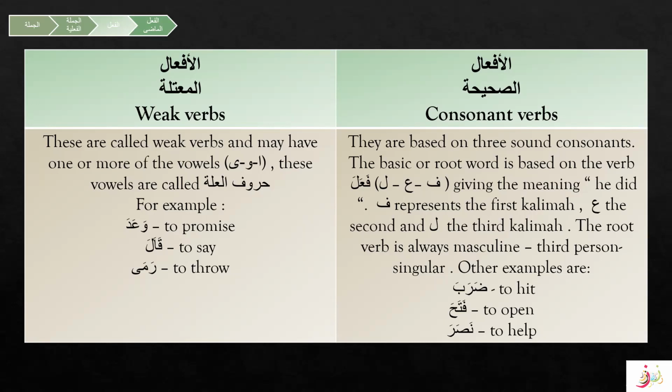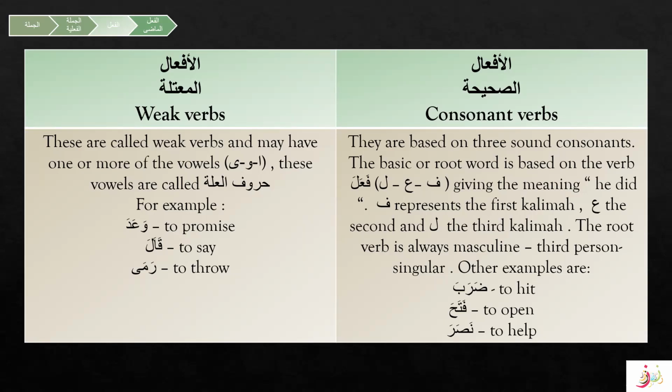and the root verb is always masculine. We know that. So for the afal sahiha, we have these root letters when we put any other word or letter into it. We will have the afal sahiha, but this will not include afal mu'talla.